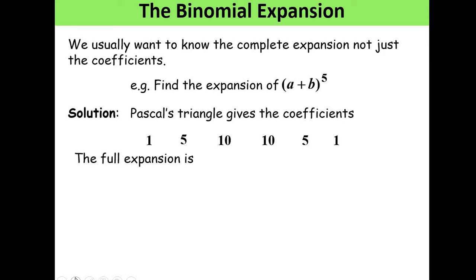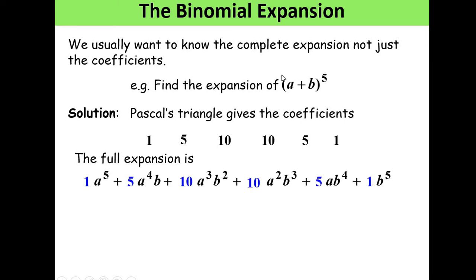And then the full expansion is, and we've partly talked about this, I take the first term and I raise it to the power of the bracket, a to the 5. And then each subsequent term goes down by a power: a to the 5, a to the 4, a to the 3, a squared, a to the 1, but of course we just write a, and a to the 0, but you don't need to write that in. And you go up in increasing powers with the second term.